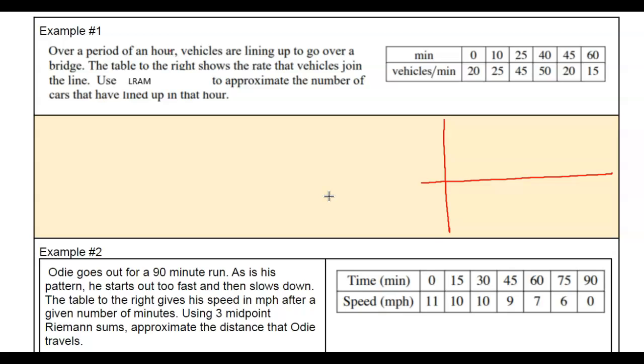But at time equals 0, we know we're at 20 vehicles per minute, and that's our rate. So remember, this is a derivative. So when we go to integrate, that's why we're finding the total number of vehicles, okay? Because we would multiply minutes times vehicles per minute. That's what that box up above stated. At 10, we're at 25.